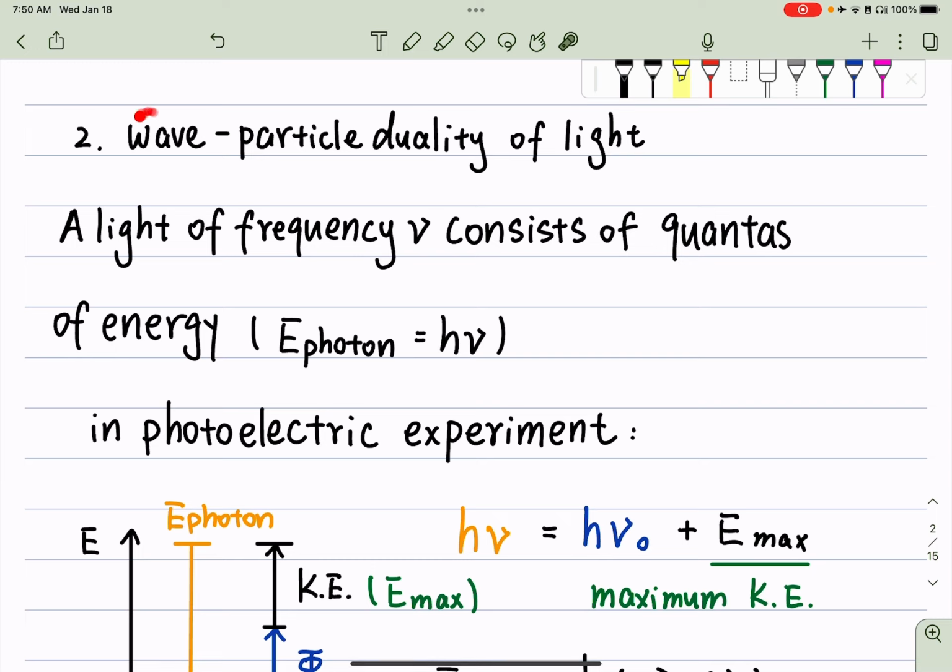On one hand, light can behave as a wave. We have frequency, we have wavelengths, we talk about light waves all the time. At the same time, you could also consider light as consisting of photons. Each photon is one quantum, one packet of energy. So the energy of each photon equals h mu.